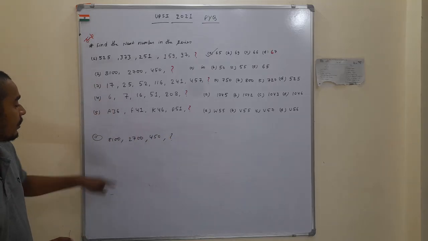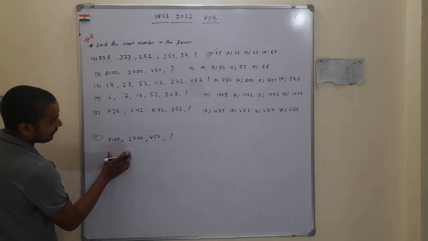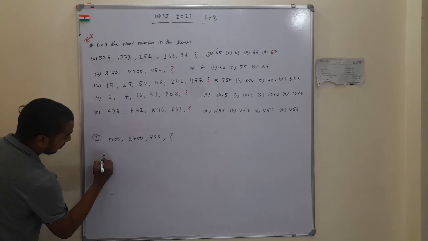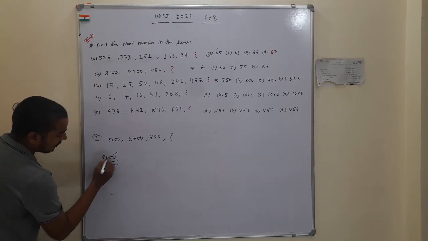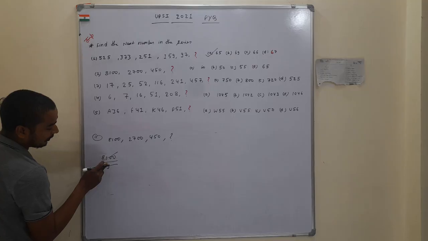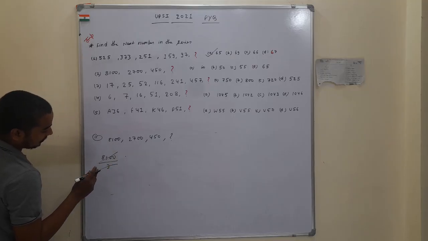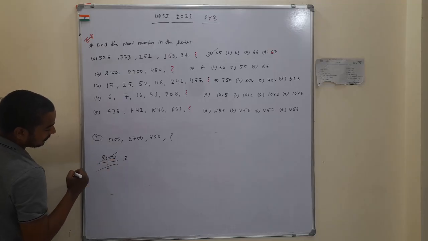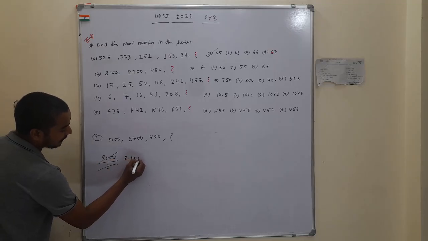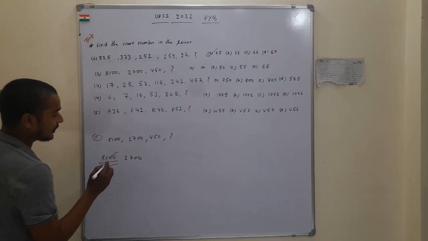The logic behind this series is 8100 divided by 3, we get 2700. Dividing 2700 by 3 gives... we get the second series when we divide with 3.